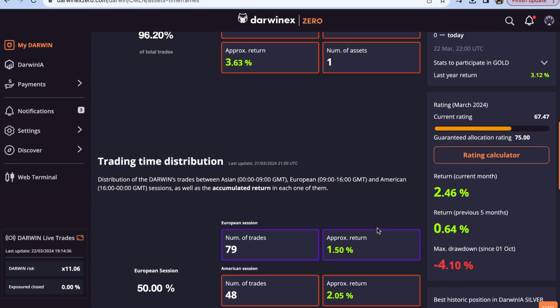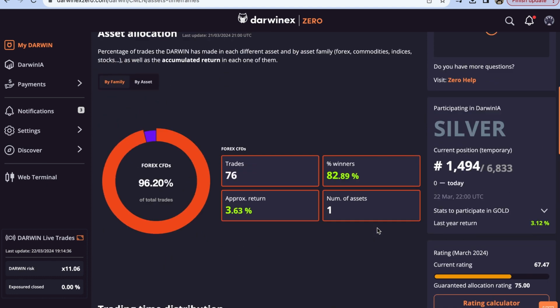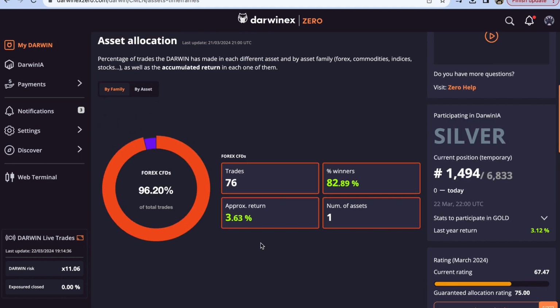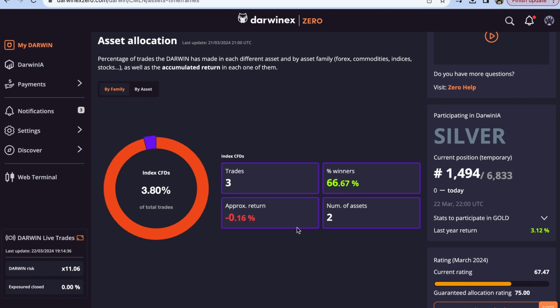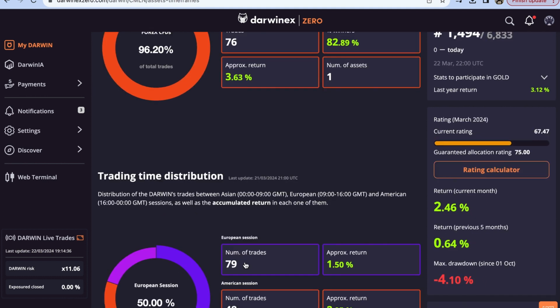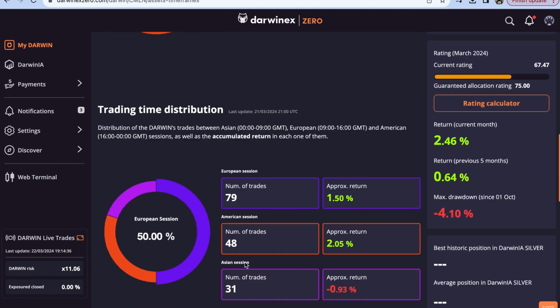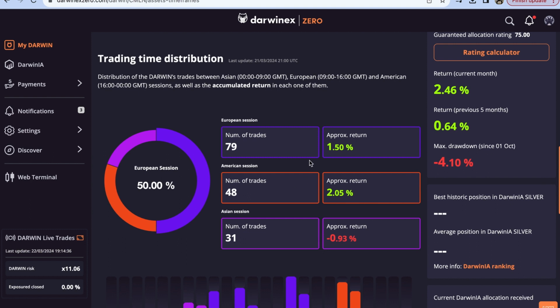This is still loading up. Okay. So yeah, I only trade one FX pair. Well, what is this? Index, that was probably by accident. Yeah, 3 trades. That was just by accident. So yeah, trading date, time, everything like that.